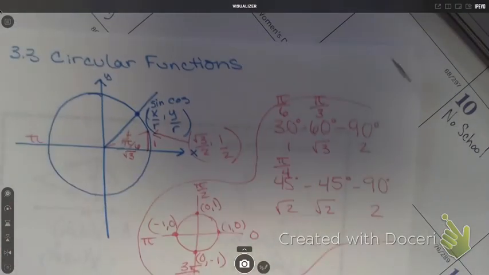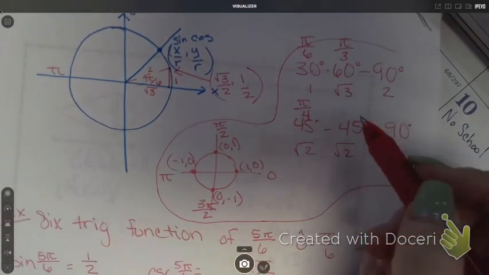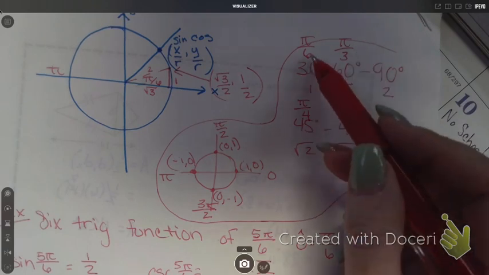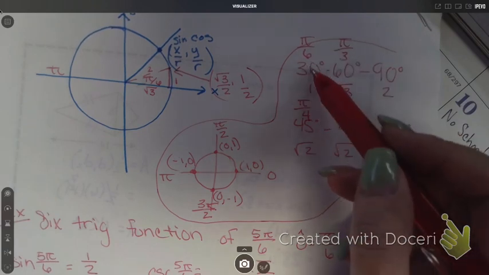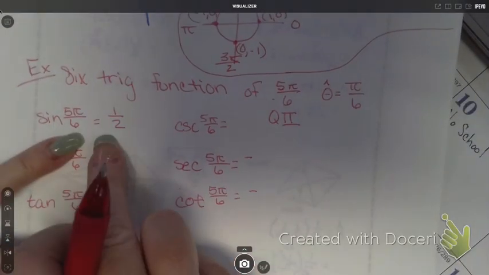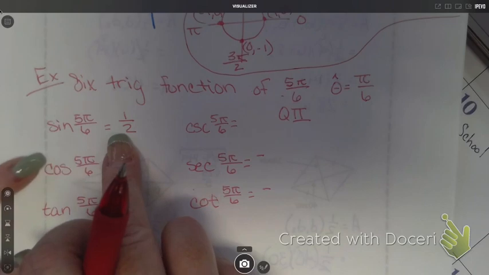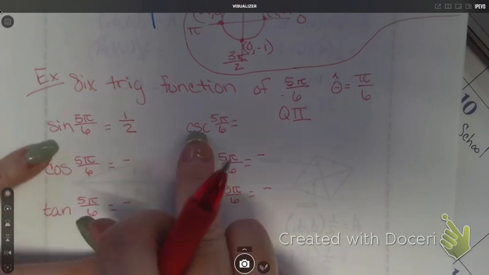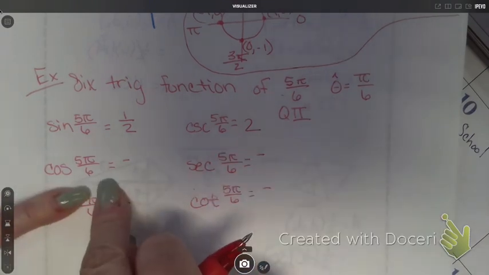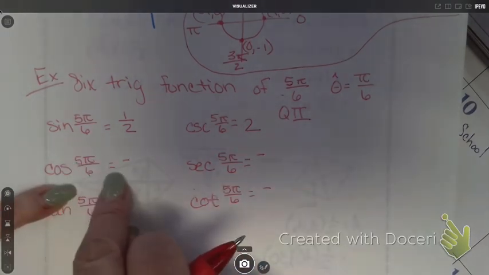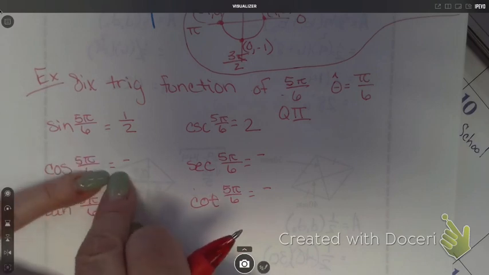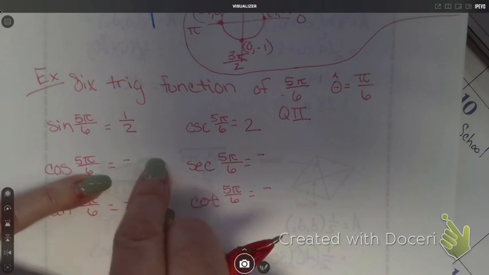Okay, I need to stop. Why were you guys telling me square root of 3? This is opposite, right? This is adjacent. So then if I know this is 1/2, what could I do right away? The cosecant should be 2. Okay. So cosine of 5 pi over 6 is negative the cosine of pi over 6, which is what?